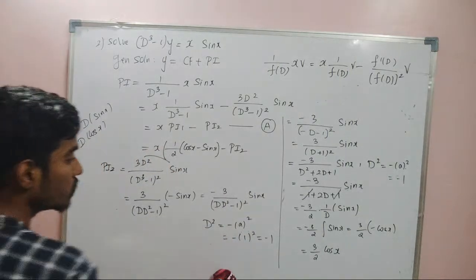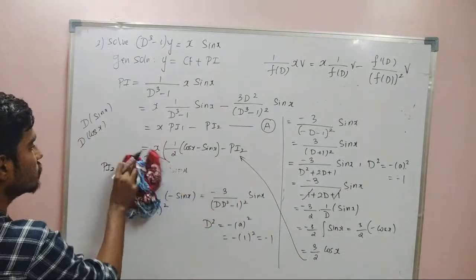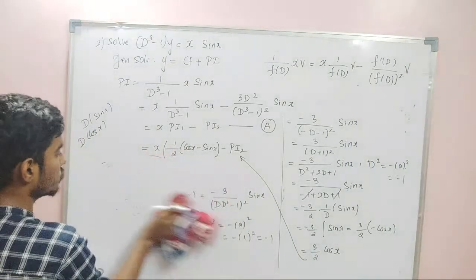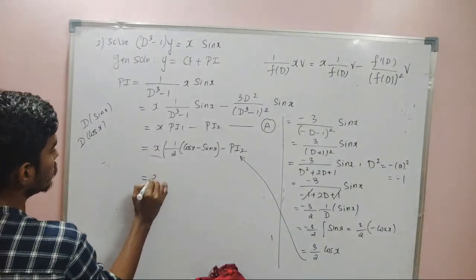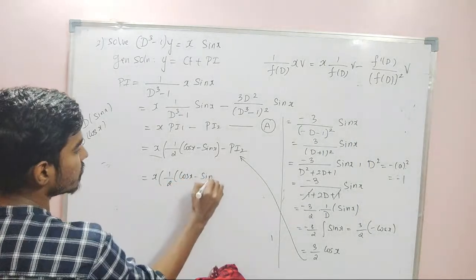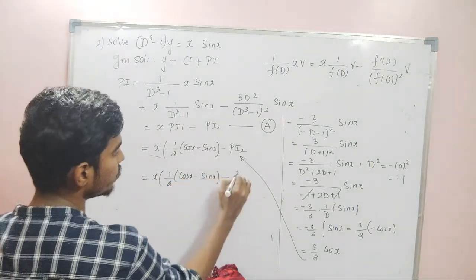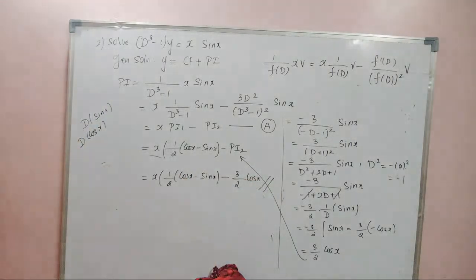So we'll just substitute this PA2 here. So this becomes x into 1 by 2 cos x minus sin x minus, instead of PA2, I'm going to write 3 by 2 cos x. This is our particular integral.